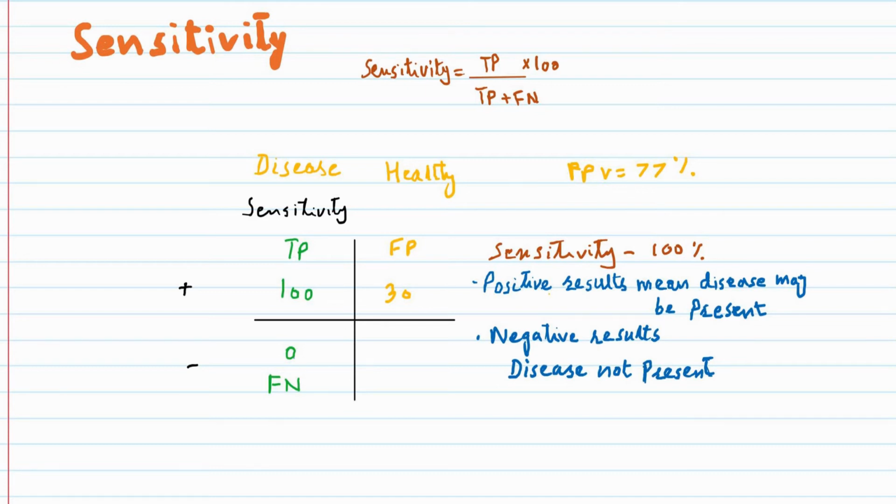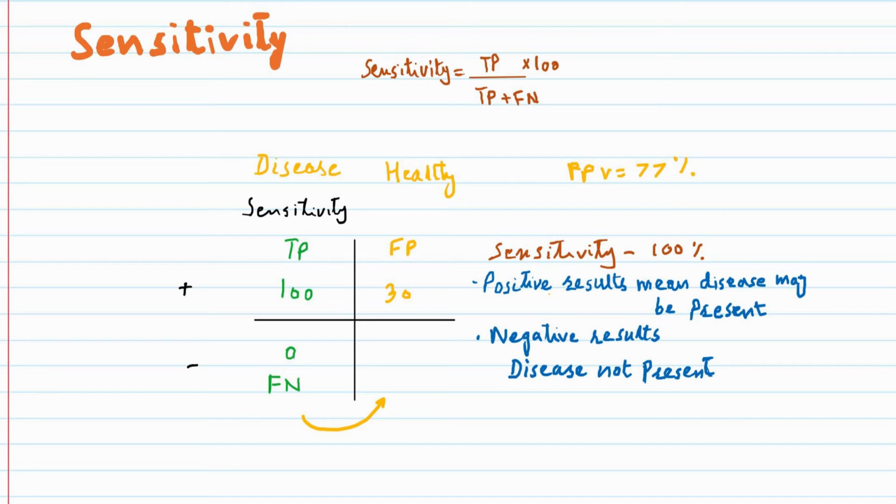In this case, we need to perform further tests to differentiate if the result is true positive or false positive. If the result of such a test is negative, it means the person doesn't have the disease, because all the people with disease will have positive results. So this means the person actually doesn't belong to the disease group and he is healthy.